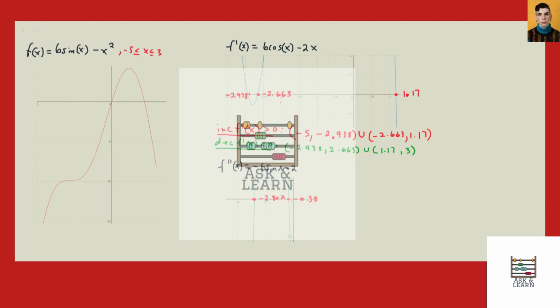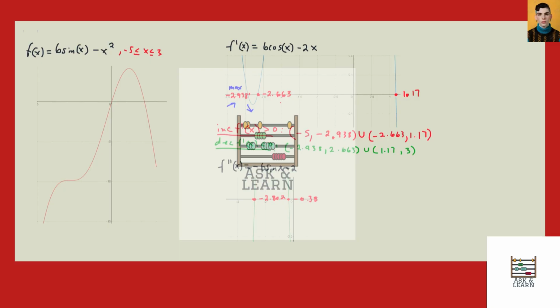Now what we can do is check to see if these are maxes or mins. Starting all the way on the left, to the left of that, f prime is positive, so it's increasing into this point, and then it's decreasing afterwards. That tells us we're going to have a local max here.